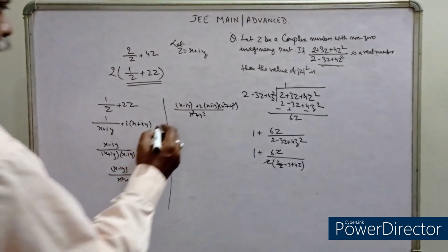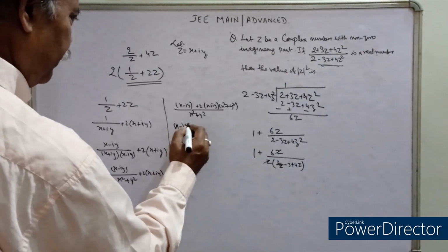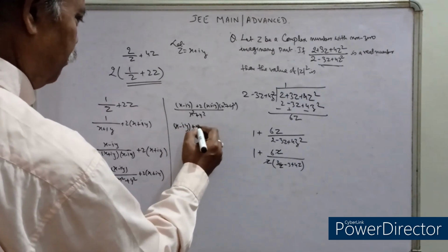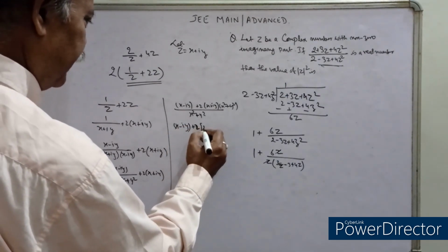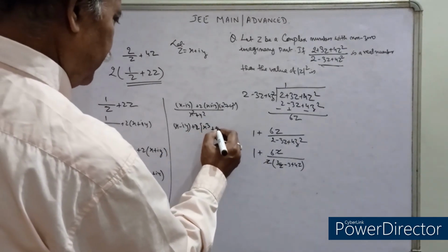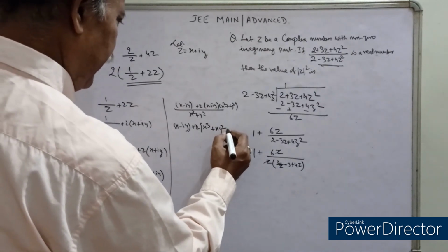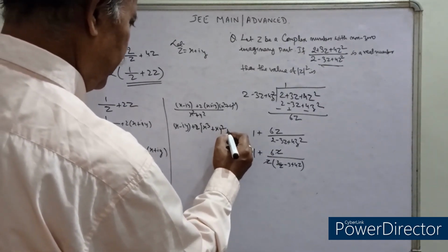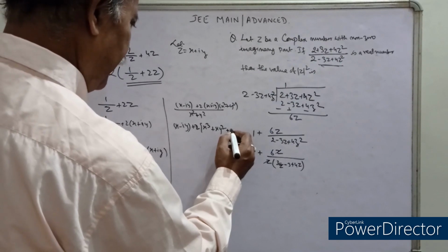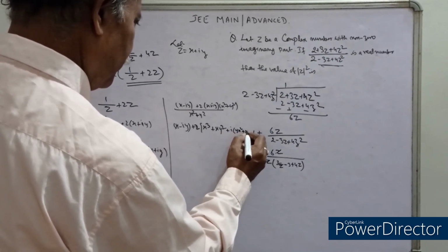If I multiply this, I am going to get x cube plus xy square, and then again plus i times yx square plus y cube.